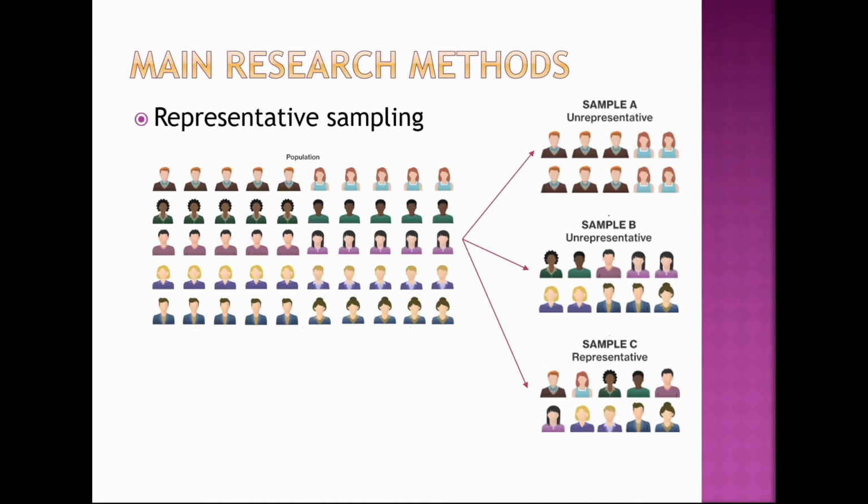And so now we can say sample C is doing a good job of representing the larger population. Now in social psychological research, we oftentimes don't get the opportunity to do true representative sampling, where we make sure that our sample is representing, let's say, the American population. Usually we don't have those kinds of resources and that kind of opportunity.